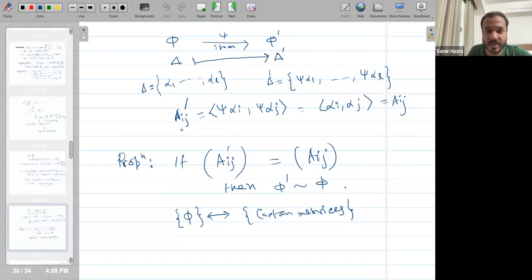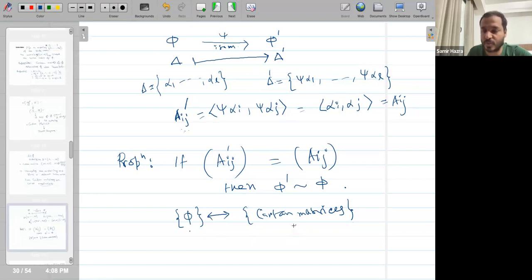These are the entries of the Cartan matrix for phi dash: Aij dash, which are nothing but the pairing of psi alpha i and psi alpha j, which are again the pairing of alpha i and alpha j, which is Aij. So if all the corresponding entries are the same, then the root systems must be isomorphic. And so from a root system, we can get a Cartan matrix.